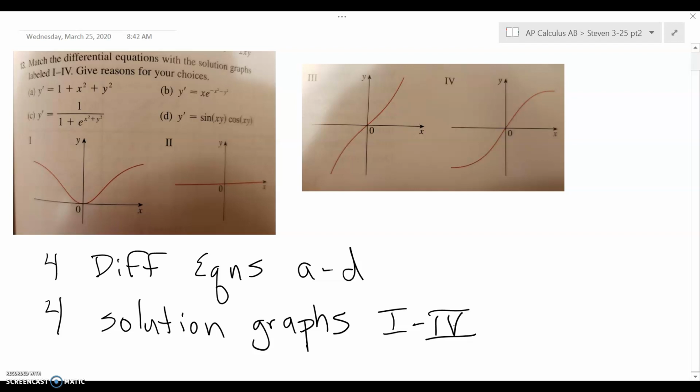So the idea here is you're looking at the slope, the differential equation, which is the slope, and you're saying, what does it say about this particular function? And then in each case, you're kind of doing a ruling out process. So as a for instance, probably the most straightforward solution curve is on number 2. You get a solution curve that is quite clearly a linear function, a flat horizontal line through the origin.